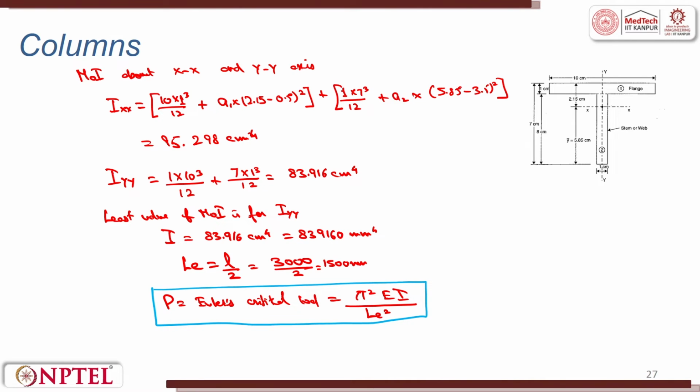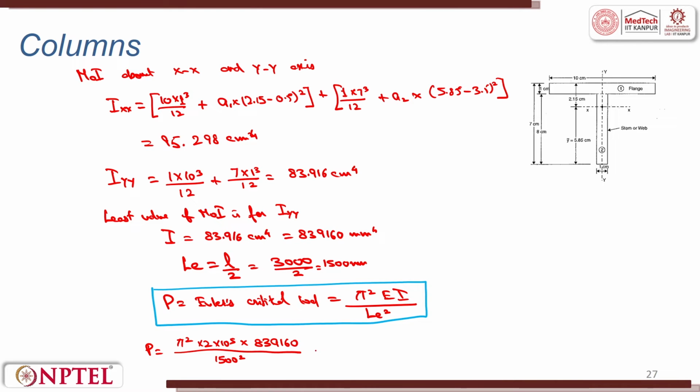Putting all the values in the relation, we get pi square into E, that is 2 into 10 raised to power 5, into the value of I, that is 839160, divided by effective length square, that is 1500 square.